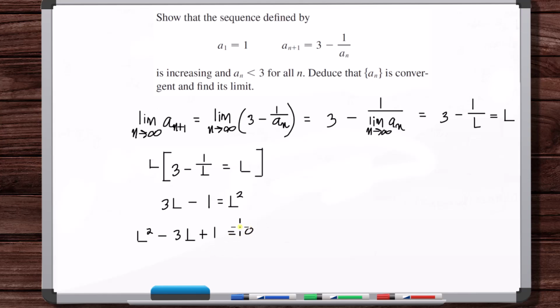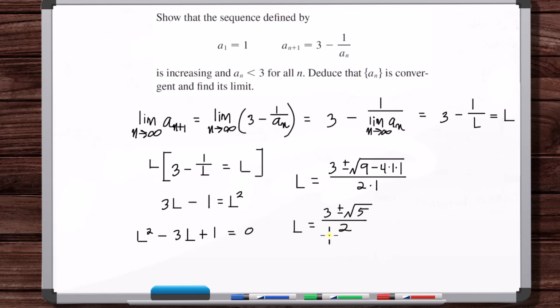Let's use the quadratic formula. L is equal to minus B plus or minus the square root of B squared minus 4 times A times C, over 2 times A. Okay, so L is 3 plus or minus the square root of 9 minus 4, which is the square root of 5, over 2.